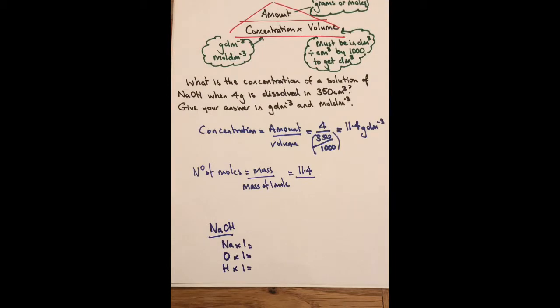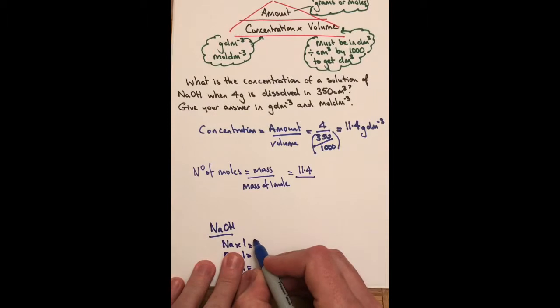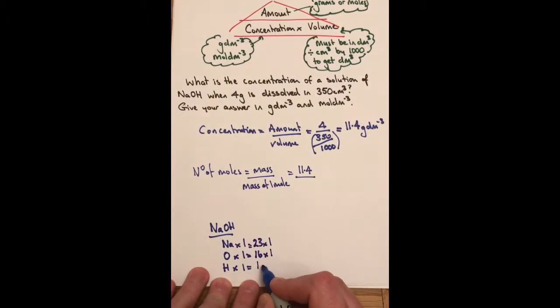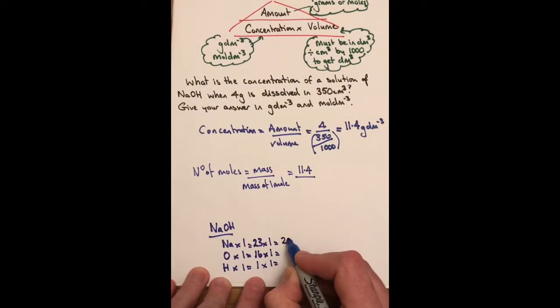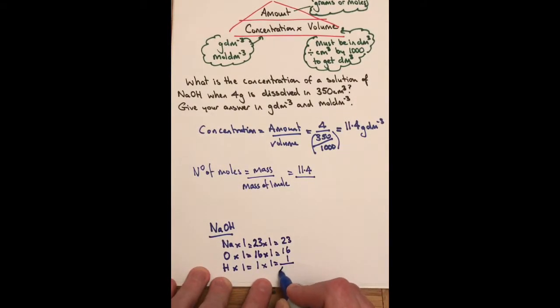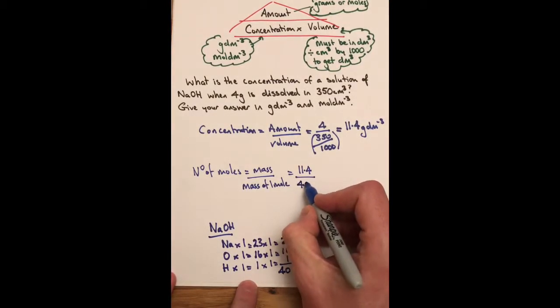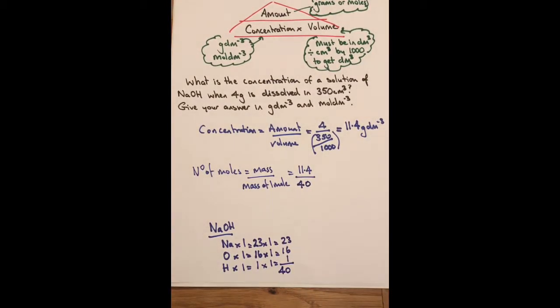I'm going to work those bits out. I know that the relative atomic mass of sodium is 23, the relative atomic mass of oxygen is 16, and the relative mass of hydrogen is 1. So that becomes 23, 16 and 1. Add those together, that gives me an answer of 40. So the mass of 1 mole of this sodium hydroxide is 40.